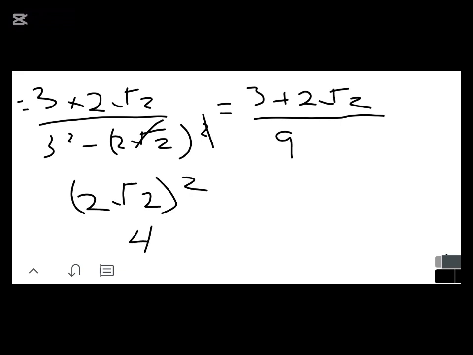So 2 square is 4. Then this square will cancel the square root sign, giving us 4 times 2. So here we are getting minus 8.